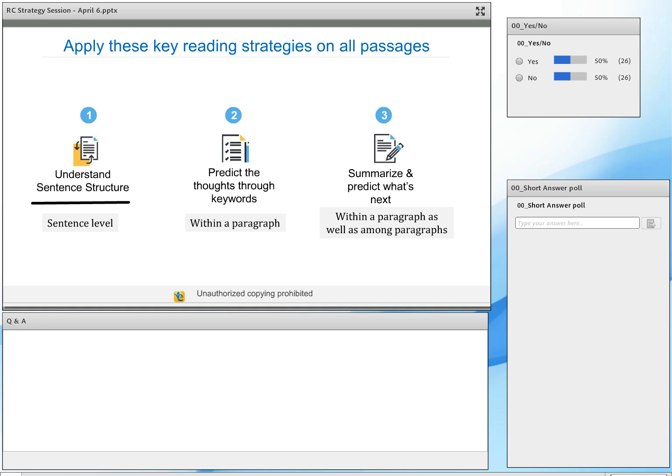So for the 50% of the class who believe that all of this is not possible within the timing constraints of the test, keep your doubt aside for just the next 15-20 minutes, and I will address that doubt of yours. Believe me, as I said earlier, I wouldn't be here in front of you if these strategies did not work. They do work, and you will see examples of that. You will see actual students talking about that. You'll see why these strategies work.